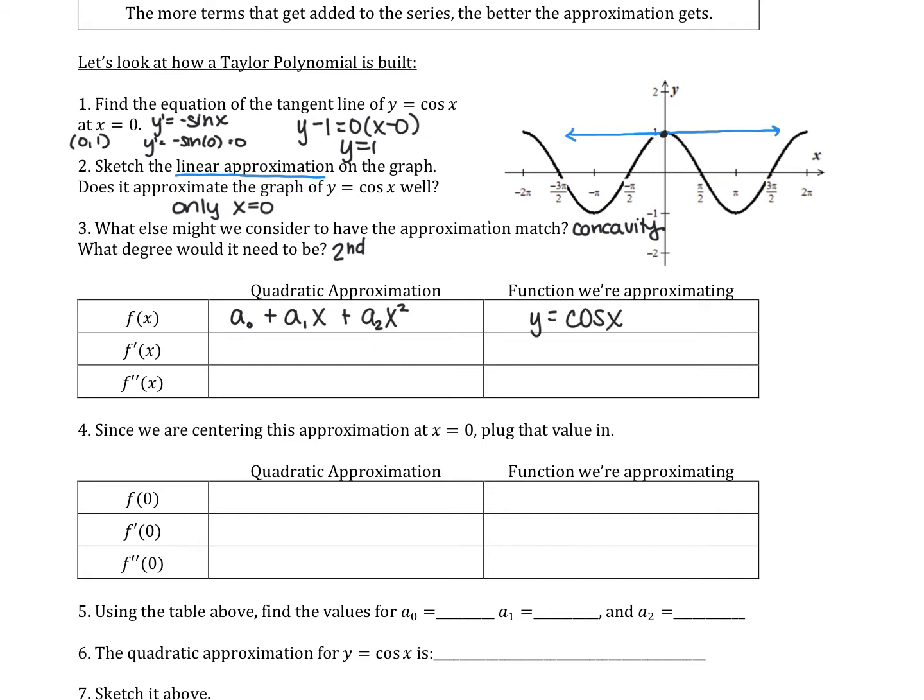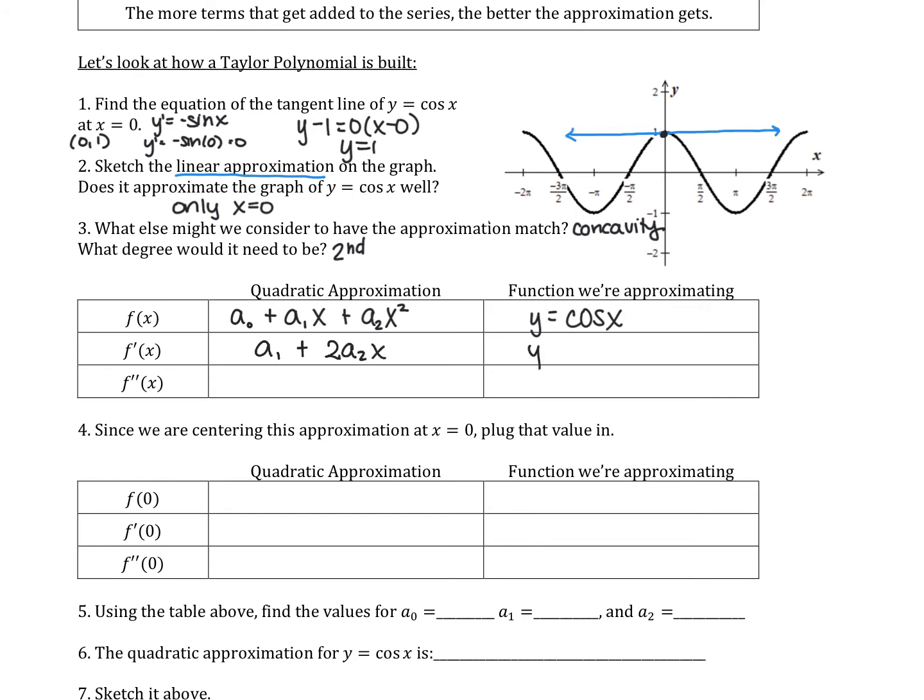Okay, now we know that if we want to figure out some of these numbers, the best thing that we can do is start taking derivatives. So I'm going to take the derivative of this quadratic approximation. Taking that derivative, I get a1 plus 2 a sub 2 x.